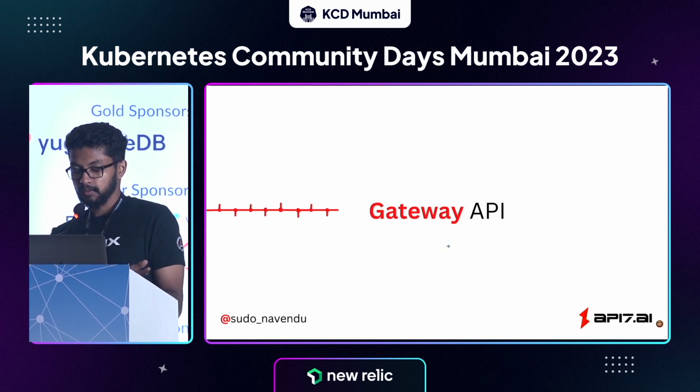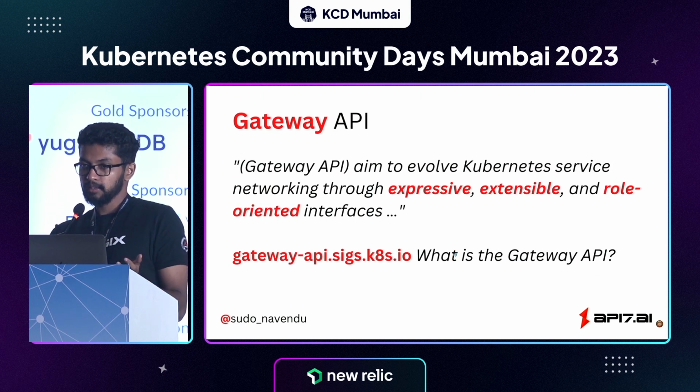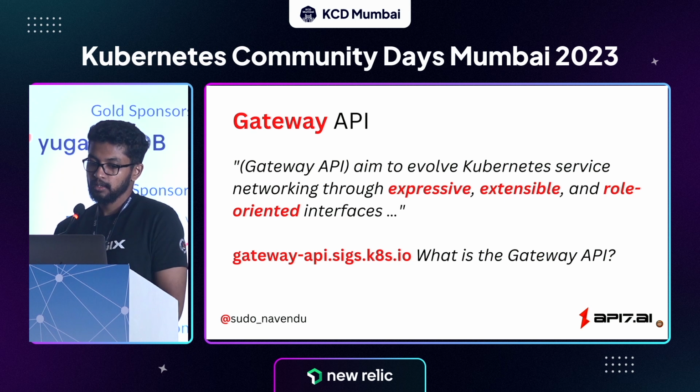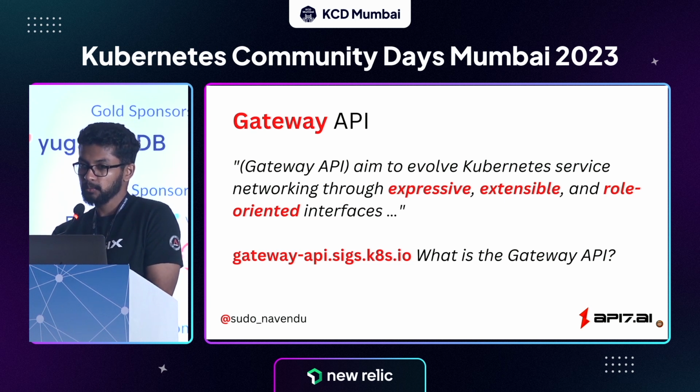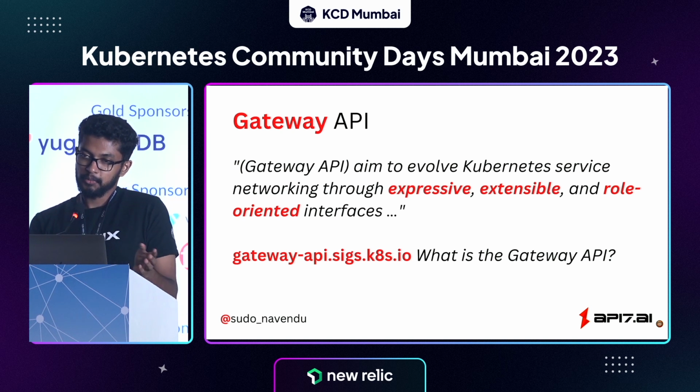And that's where we evolved to the Gateway API. So Gateway API is a sort of next step to this Ingress. It is different from the Ingress project, and it aims to be expressive. It lets you do a lot of stuff out of the box, and it aims to be a standard.